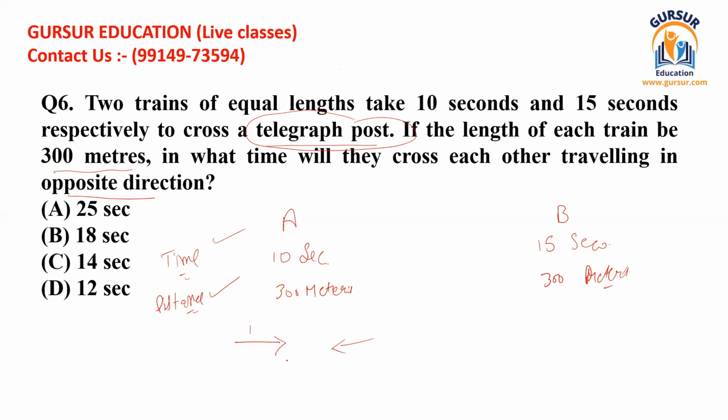So what we have to do is find a relative speed, but you can see that no speed has been given, only the distance and time.